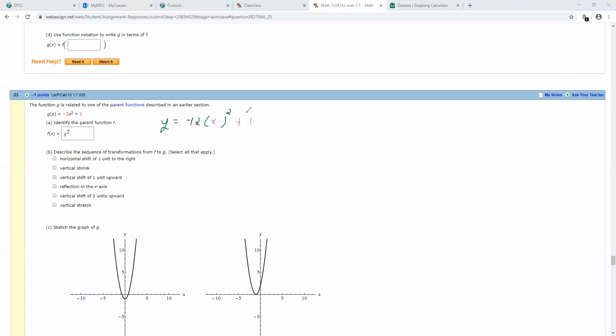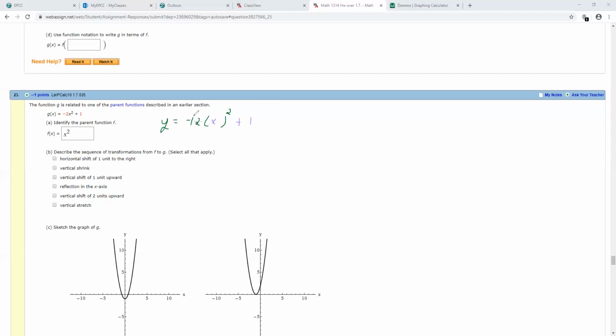Horizontal shift of 1 unit to the right. Is that +1 inside next to the x, Griselda, which would be horizontal, or is it outside? Outside. So what kind of shift is that, horizontal or vertical? Upward, so vertical. Upward, good. So help us out here then, Griselda. Well, there's nothing inside, so it's one of these two.